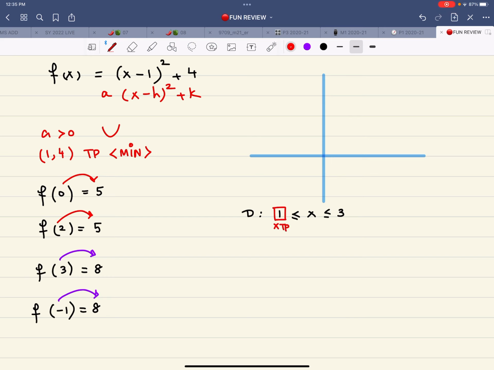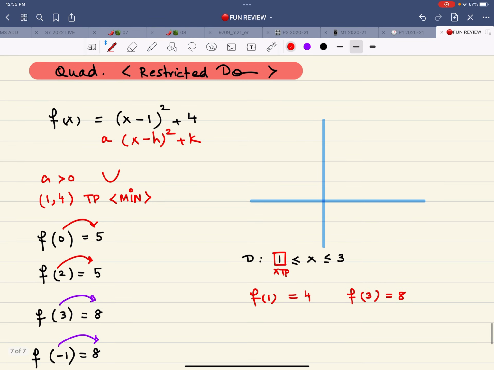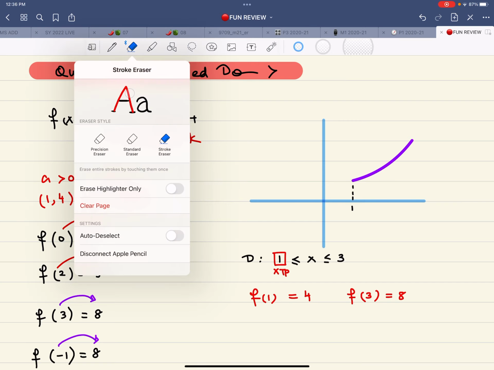So therefore, f of 1, we already know it's 4. f of 3 is written on the side, we already know it's 8. So therefore, the graph is something like this. It's just a small portion. It's not drawn to scale. So this is 1, let me reduce this a bit.